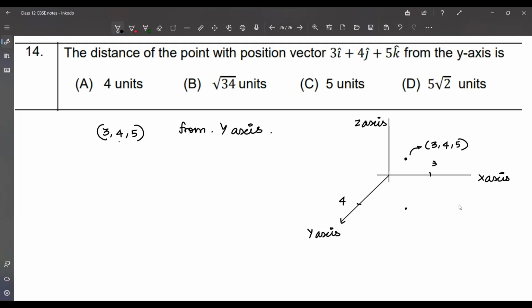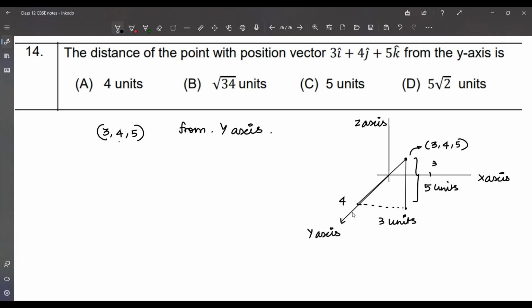The shortest distance from this point and the y-axis is going to be a perpendicular distance. The y-axis is just a line, right? So we need to draw like this, and this would be 5 units along the z-axis, and this would be 3 units along the x-axis.